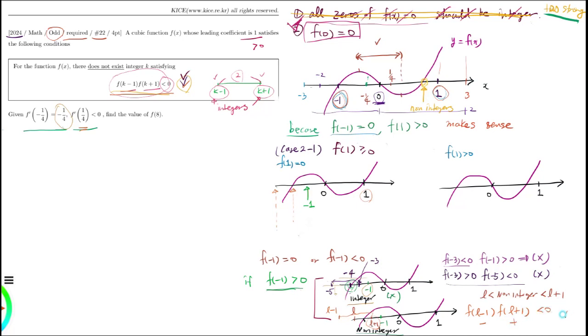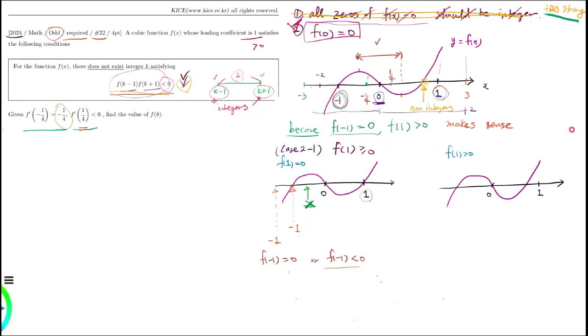So this is also not the case. So the conclusion is that f of negative 1 cannot be positive here, but it could be 0 or it could be negative. Okay.